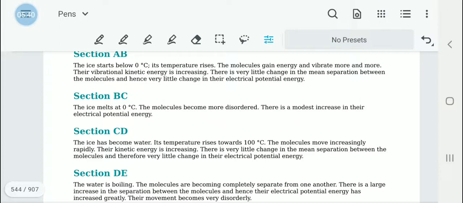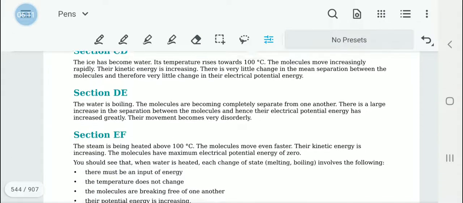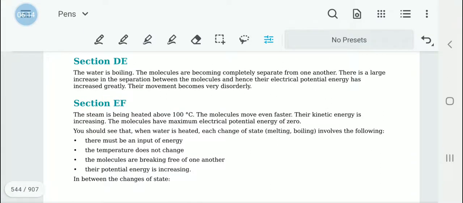Water at 0 degrees Celsius, water at 2 degrees Celsius and water at 99 degrees Celsius is the same amount of water, so the separation is actually the same. The kinetic energy is increasing, but their mean separation is still the same. So as a result, the electrical potential energy wouldn't change that much.